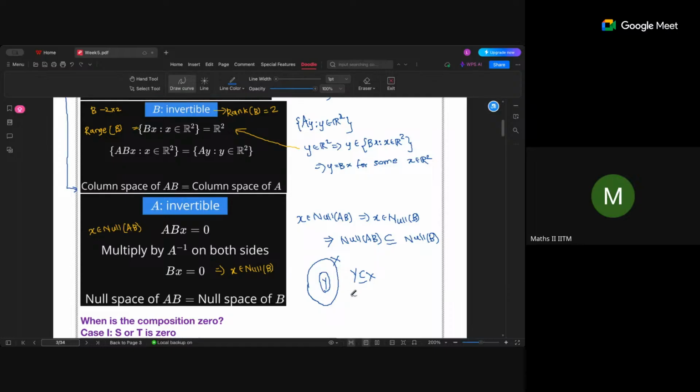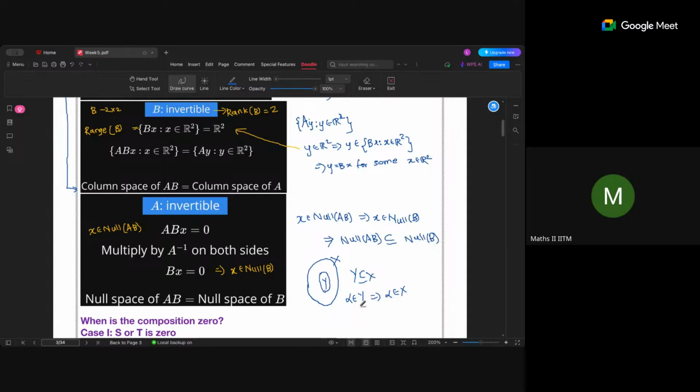So this means what? For every element here, it will also be in X, right? This is the meaning of this, right? So here you see x in null of AB implies x in null of B means null of AB is a subset of null of B.